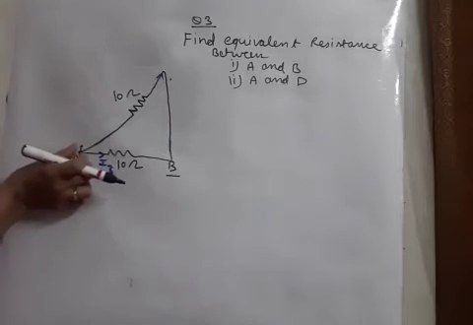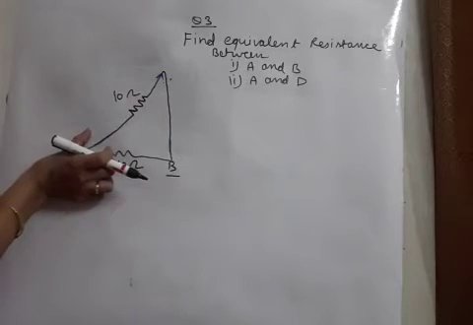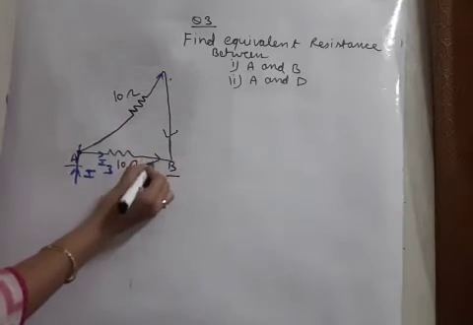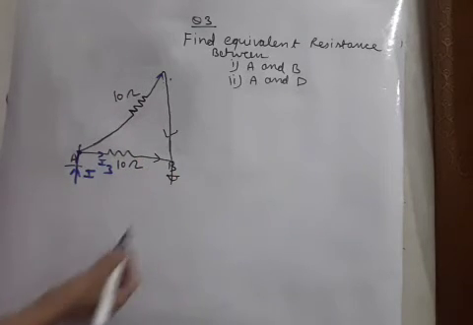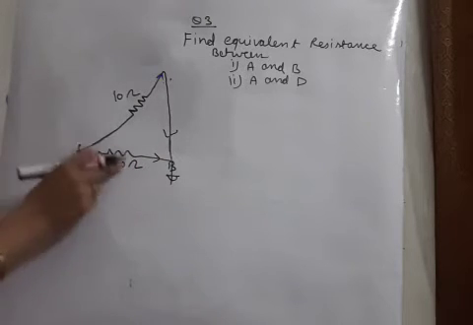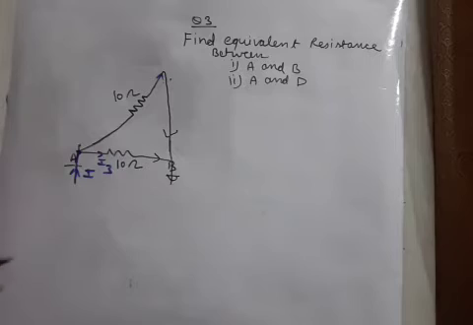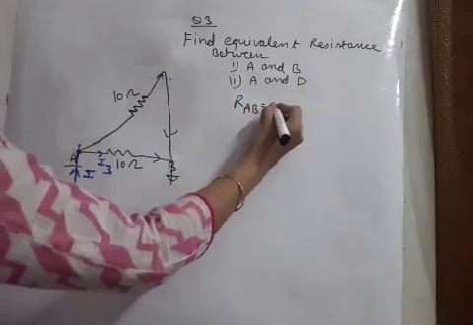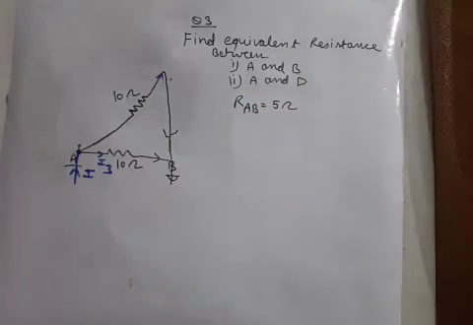Here from A, if current gets divided, then current gets added again at B. So that means 10 and 10 ohm are in parallel now. The parallel answer of 10 and 10 is 5 ohm. So the resistance between AB is 5 ohm.